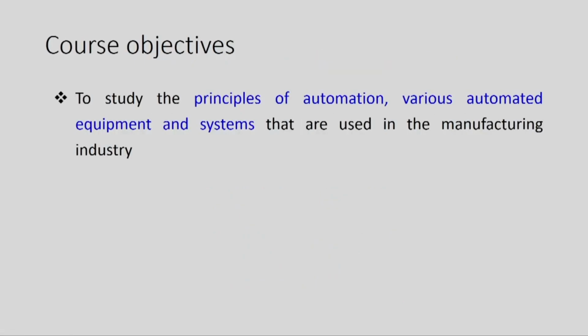Well, let us look at the course objectives. The primary objective of this course is to study the principle of automation and various equipment and systems that are used in the industry.